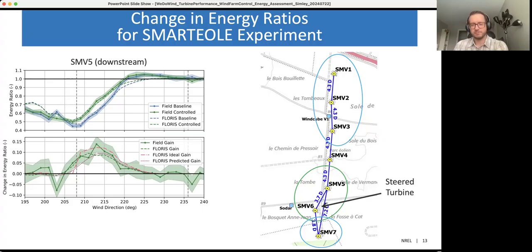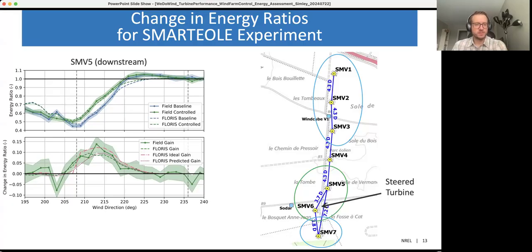For this experiment, the reference turbines are circled in blue on the right, and it's just the average power of SMV 1, 2, 3, and 7. We excluded SMV 4 from the set of reference turbines because it could be waked by our test turbines.